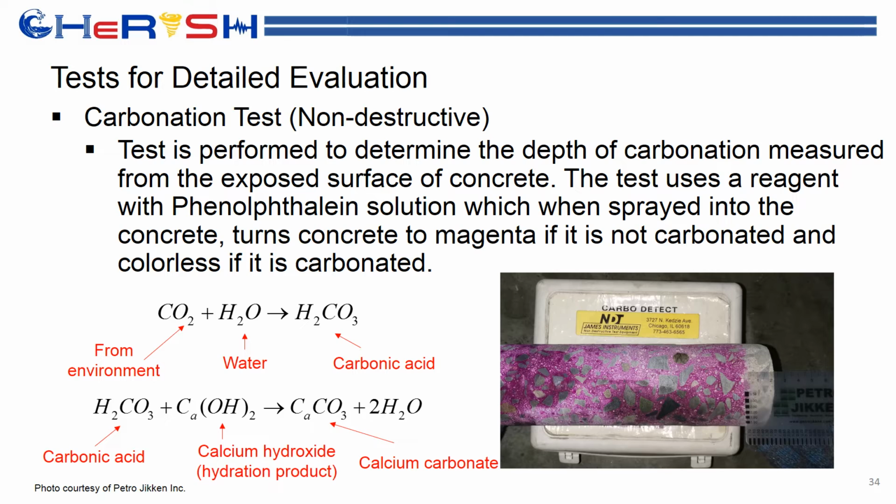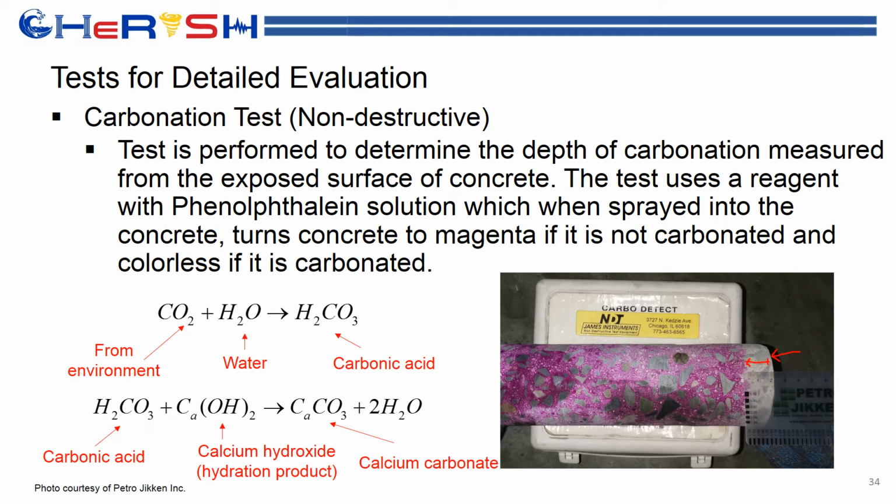Now, this is an example of a carbonation test performed on reinforced concrete. And in this photo, you can see here, this is the concrete surface, the exterior surface of concrete, and you can see a portion of that concrete that remained colorless after the application of phenolphthalein solution.